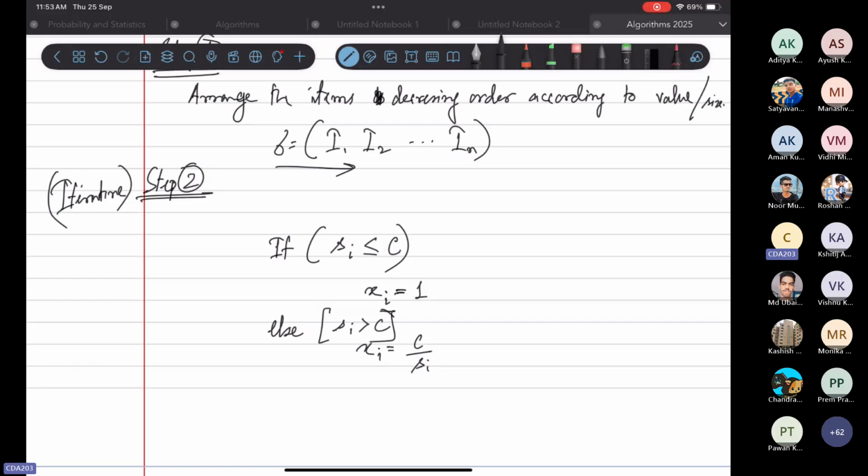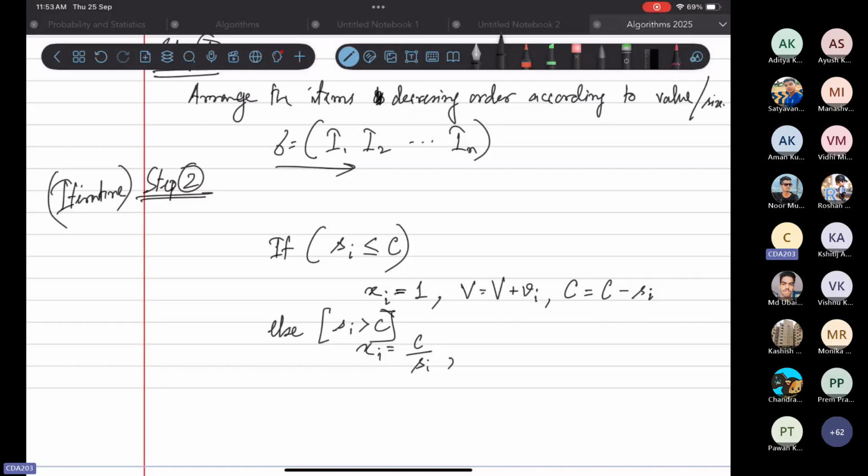Okay. Since I'm saying it's an iterative process, I have to do something else also. If you are taking the whole item, then what is the value of the items that you have? Whatever value you have gathered, you add vi to it. And what will be the remaining capacity? Whatever capacity you had earlier minus si. Okay.